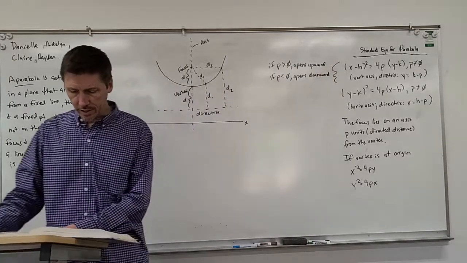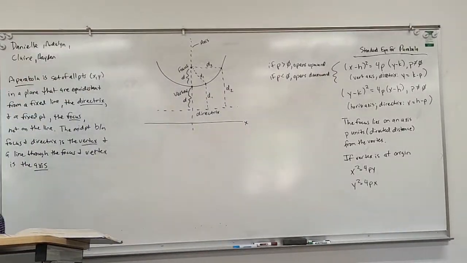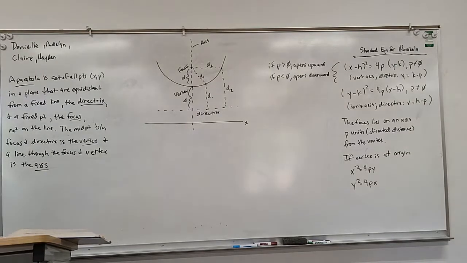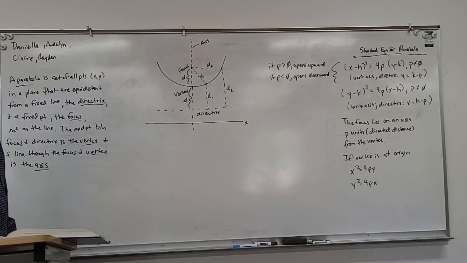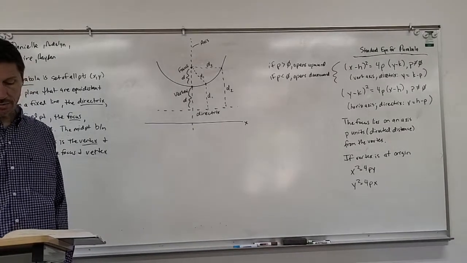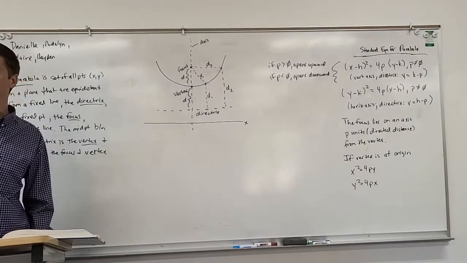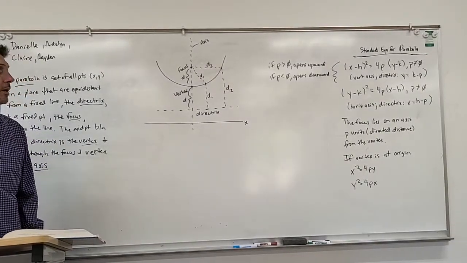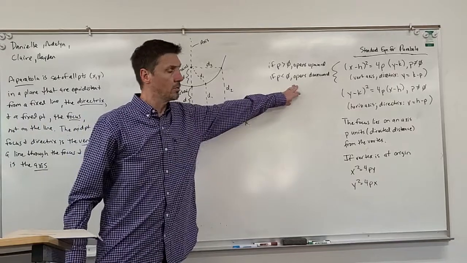So as we figure out the value of p, which is k minus p in this case, with p being the distance of the focus from the vertex, if p is negative, it makes sense that the focus is below the vertex. And so with a negative p, it opens downward.